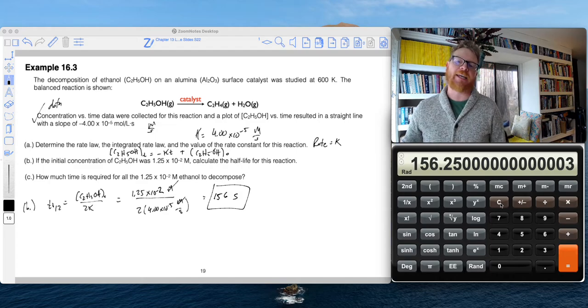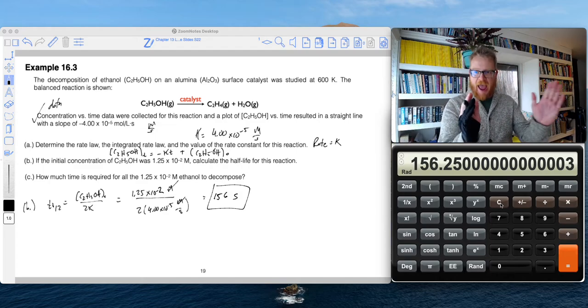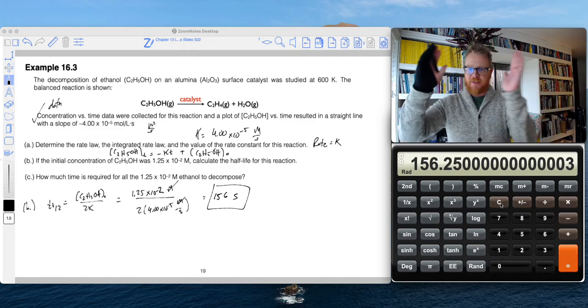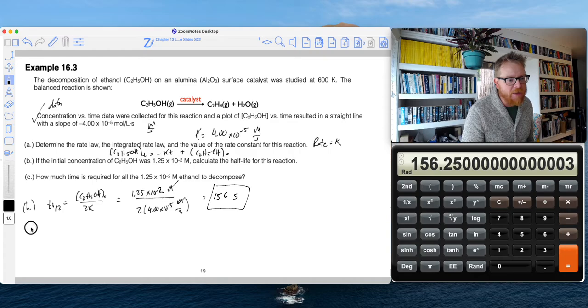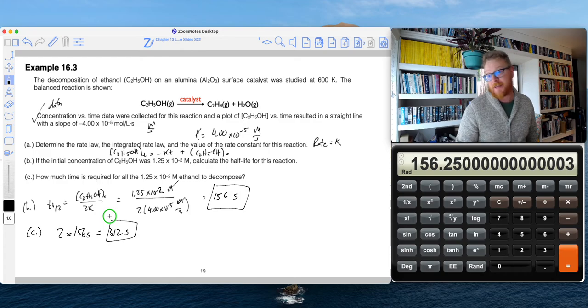There's no exponential decay. So that means 50% of it reacts, then the next 50% reacts. So automatically, we could just say 2 times 156 seconds, and that gives us 312 seconds.